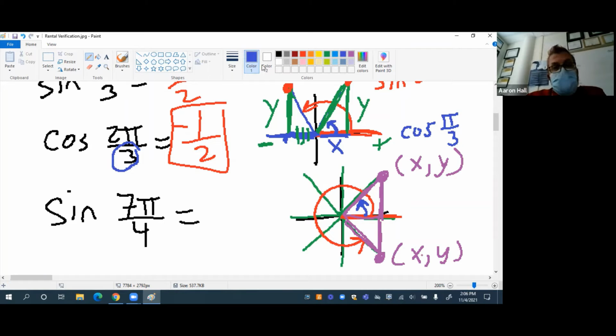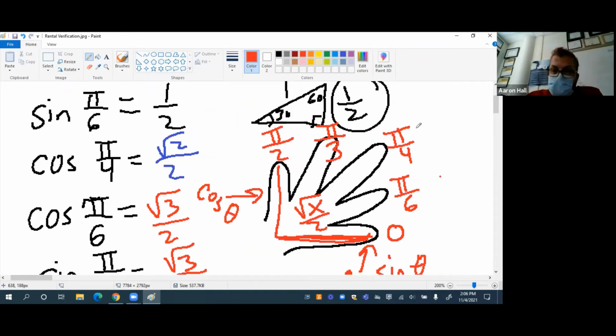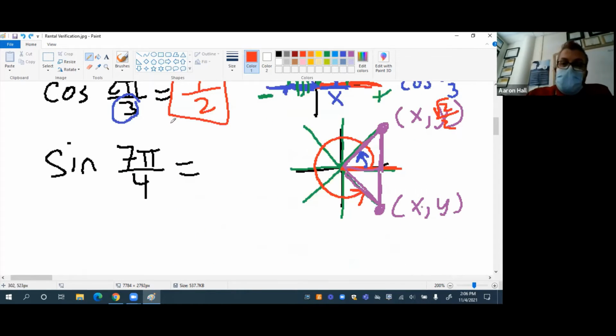Yeah, I get the square root of 2 over 2. We just put down this finger right here. I have 2 fingers here, so the square root of 2 over 2.